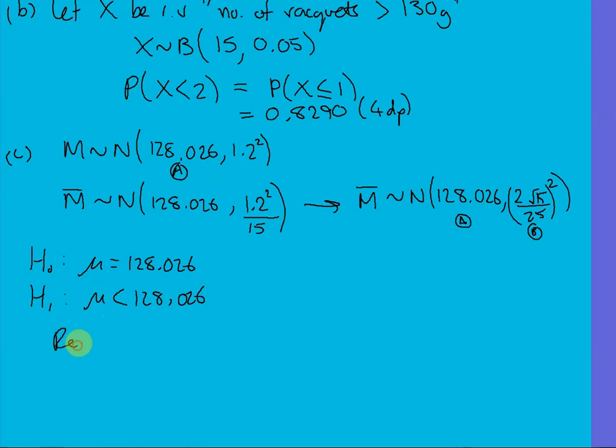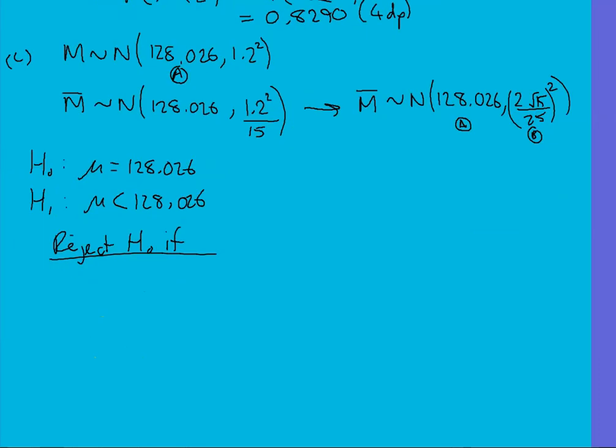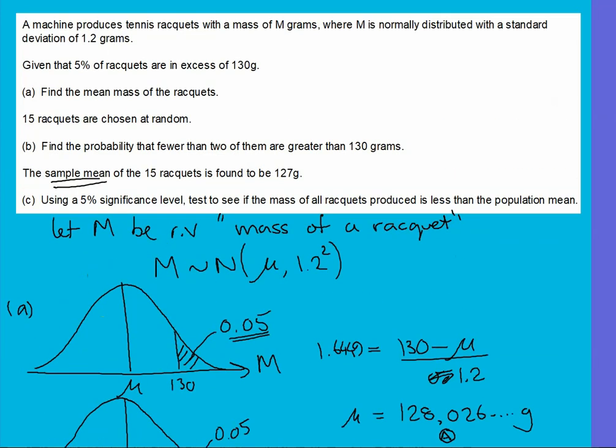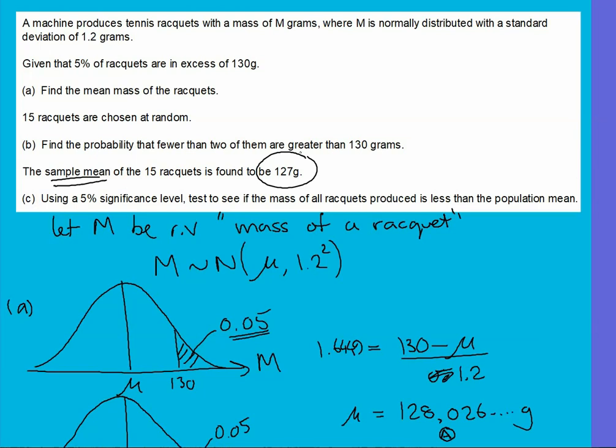So we're going to reject H0. That's a bad habit I've got into over the years. It's H0, it should be. If the probability of the sample mean is less than 127. That's because in the question it's telling us it was found to be 127.